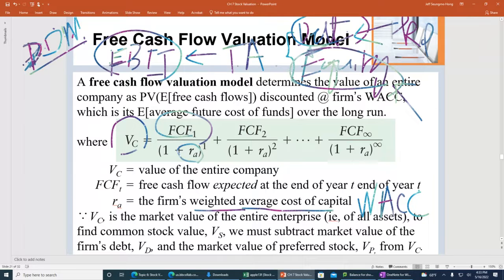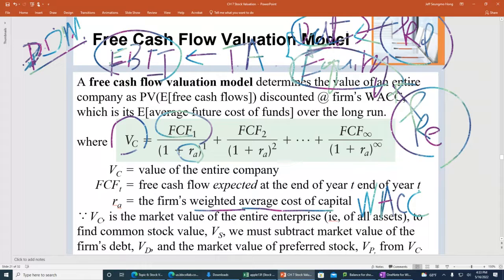In other words, you discount the debt with yield to maturity, which is the cost of debt. You discount the bond with the cost of debt, which is yield to maturity, and you discount the stock by the required return, which is the cost of equity, right? So think about it.